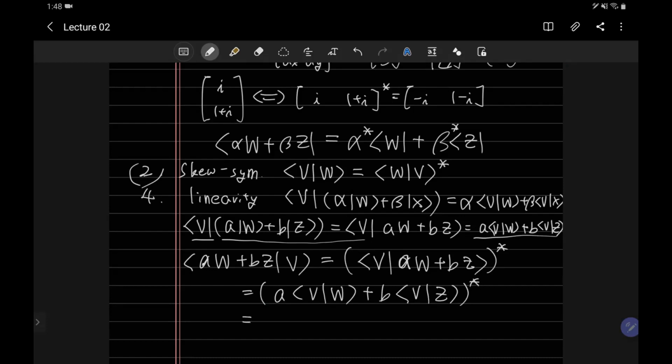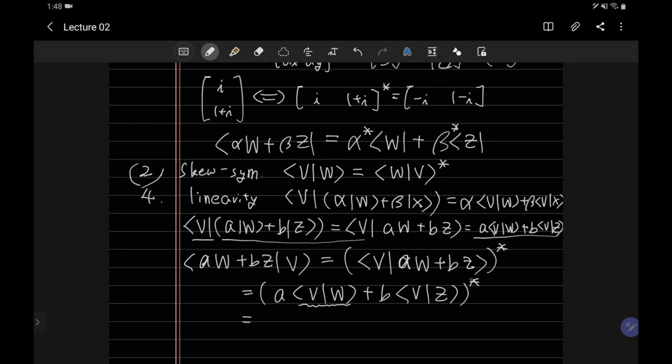Now, finally, we know that this complex conjugation will apply to all the scalars individually. This might look like a vector, but it is not, because this one is the inner product of the two vectors, actually bra and ket vectors, and the inner product of the bra and ket vector will turn into a scalar value.